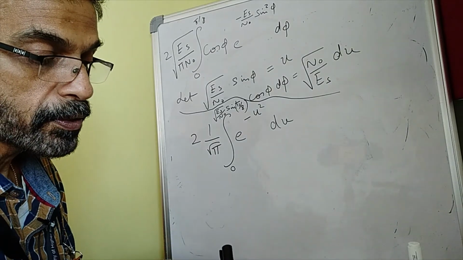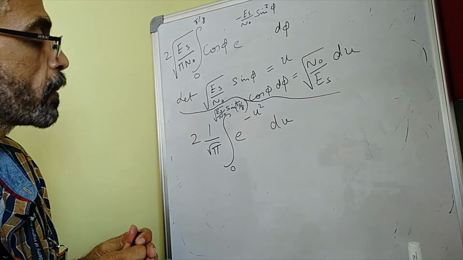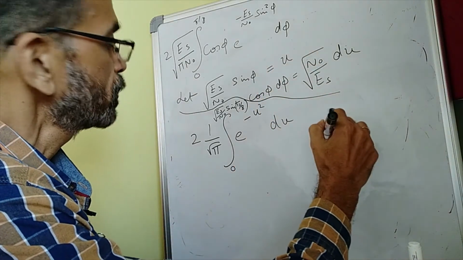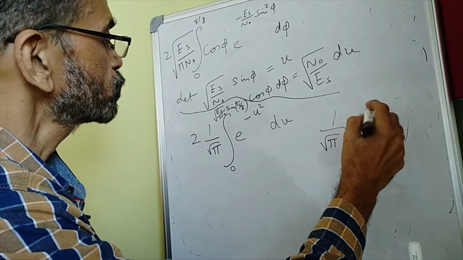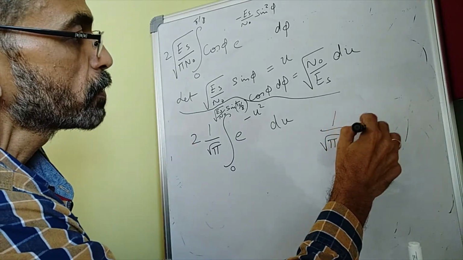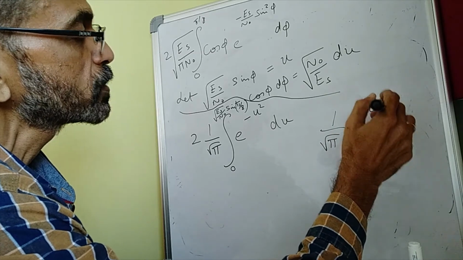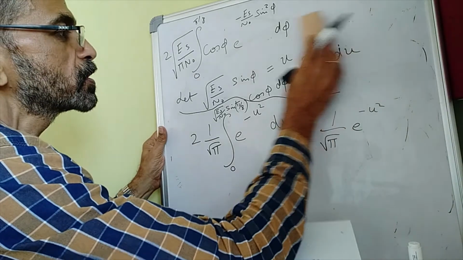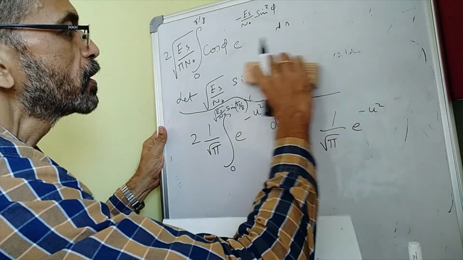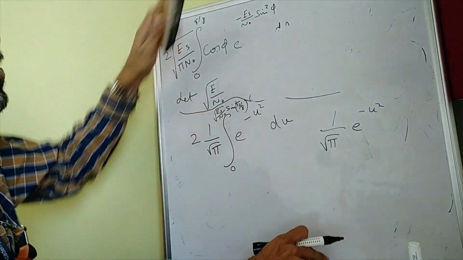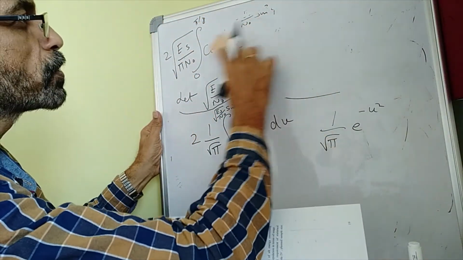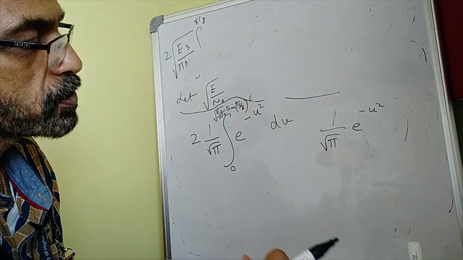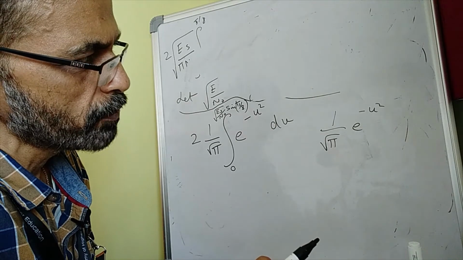And we notice that the function which is getting integrated, leaving out this 2, is this, and this is actually a Gaussian distribution, the density function of a random variable which has mean 0 and variance 1/2.